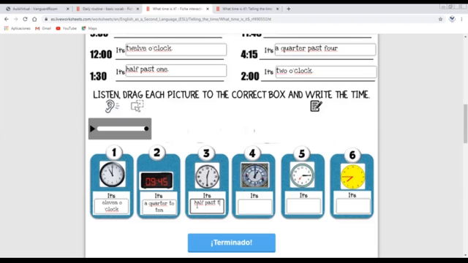Number 4, it's 1 o'clock. Number 5, it's 7:15. Number 6, it's 7:45.